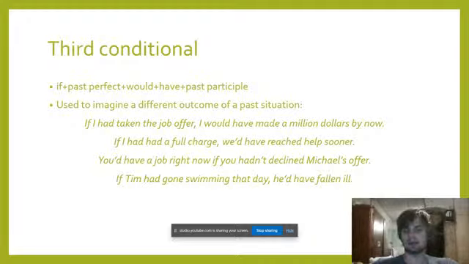Because of that, he would have fallen ill. That does not necessarily have to be a pool. It's just a hypothetical situation as to why Tim would have fallen ill if he had gone swimming. But he did not. He's perfectly healthy. Let's have a round of applause for Tim and move on.